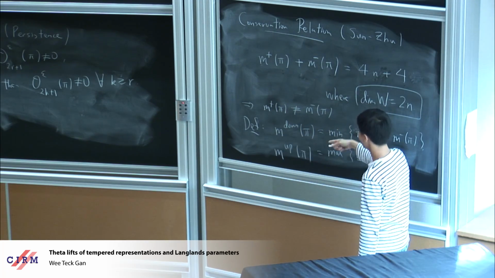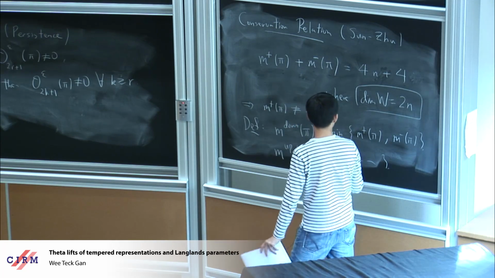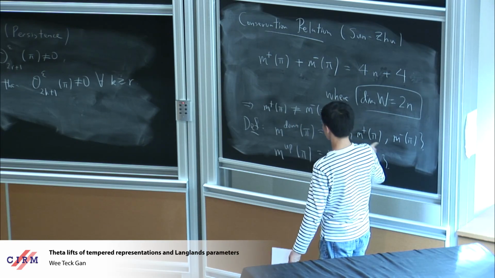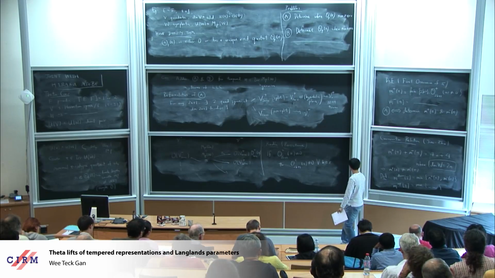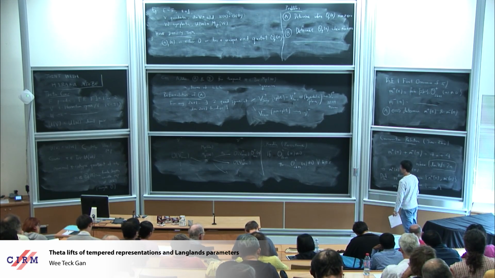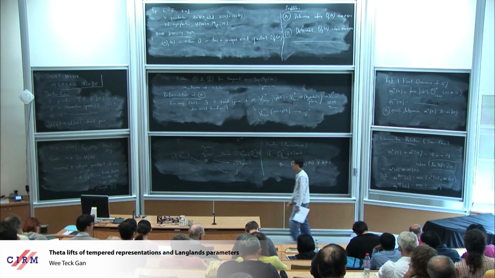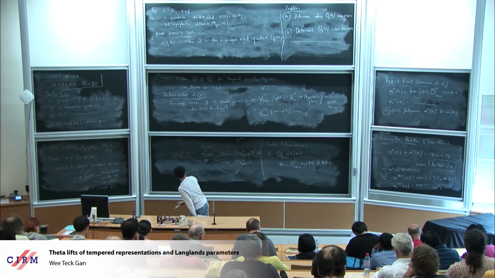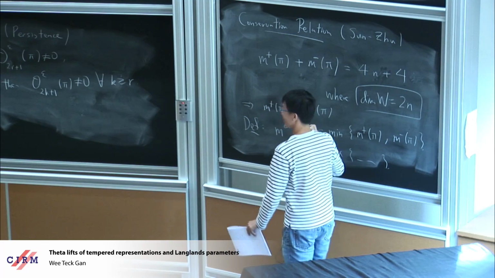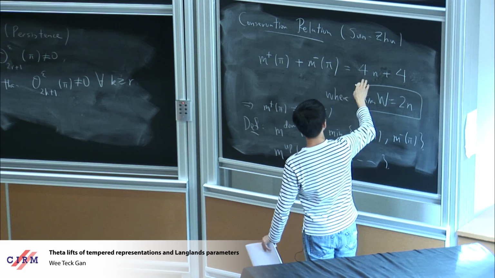The reason for down and up is this. Suppose m plus is the smaller. I mentioned that they are not equal.